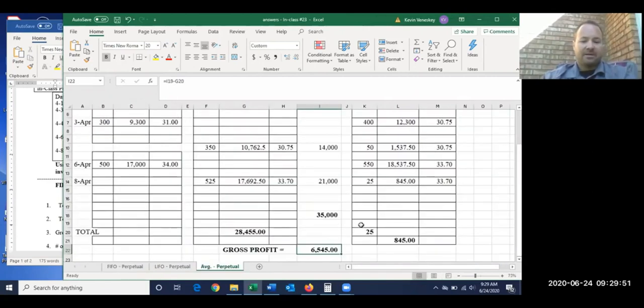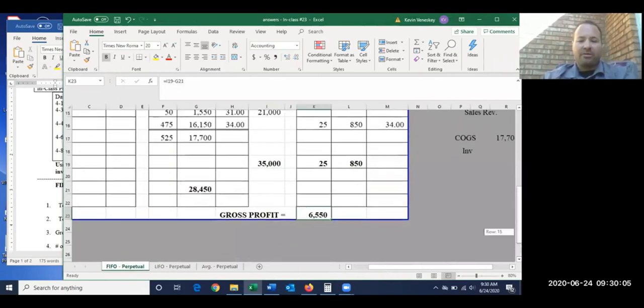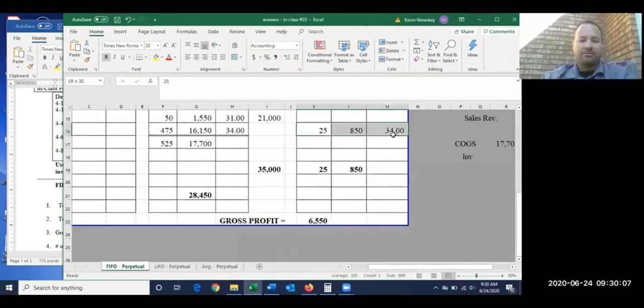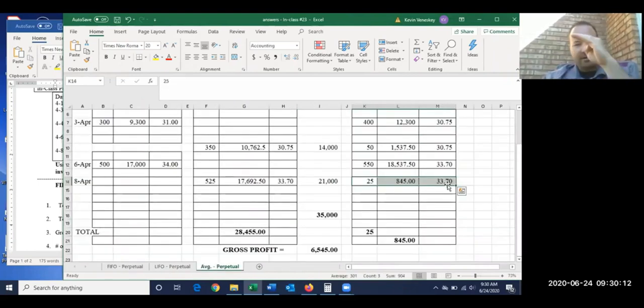This one was 65.45, and that's mainly because what I have in my ending inventory is a lot closer to the LIFO price. So therefore, it's going to be very similar to FIFO. I have a lot more of the last in, first out, the $34 items. Well, now with the average, they're just down slightly. So it's going to be real similar to the FIFO in this case.